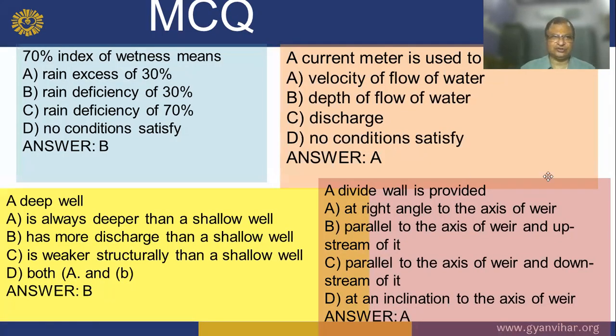And next question. A current meter is used to measure the, where you use the current meter, what will you measure? So answer is A, velocity of flow of water.